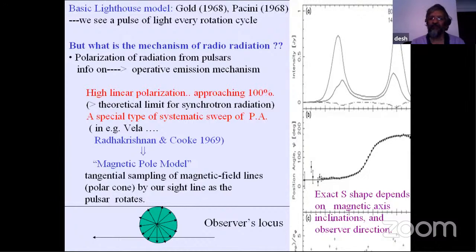People have looked at it. As I said, the S shape itself is a result of this kind of geometry of our sampling the dipolar field. Now, discrepancies or deviations from this expected nice S curve, and there's no one S curve, there are different S curves depending on where you cut them. So this also gives the information about how far you are away from the magnetic pole and what is the inclination of the magnetic axis itself with the rotation axis.